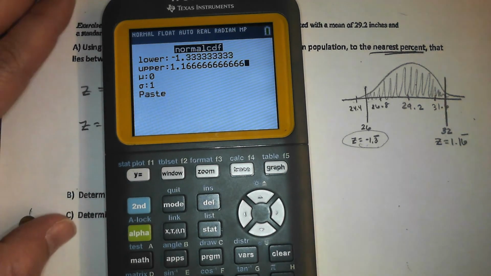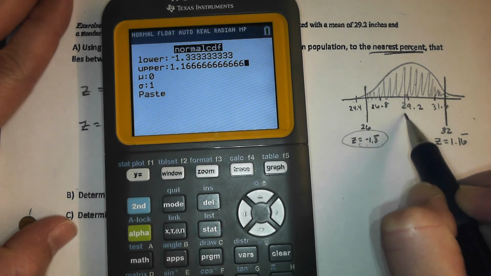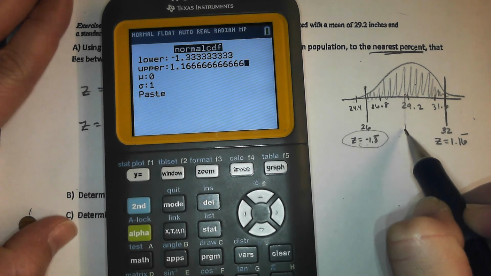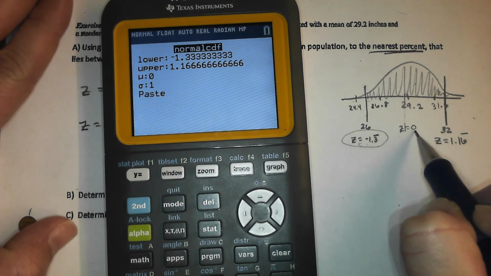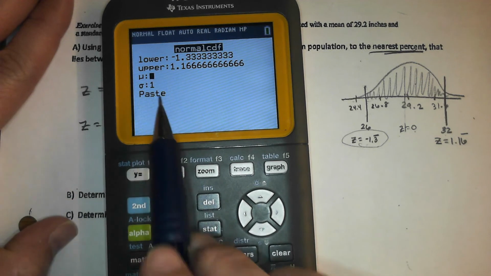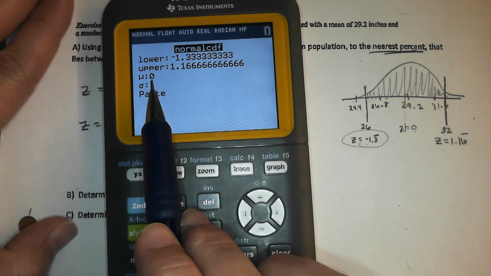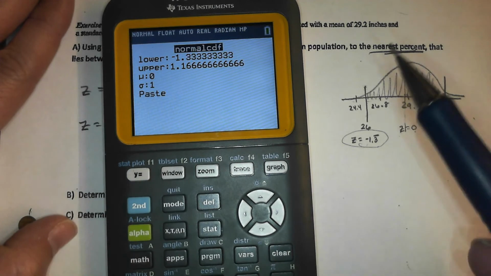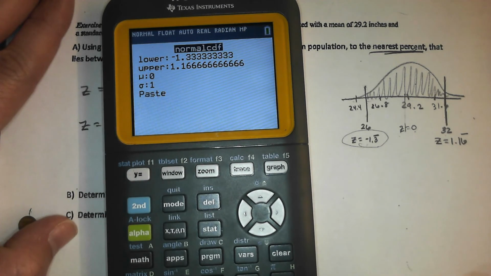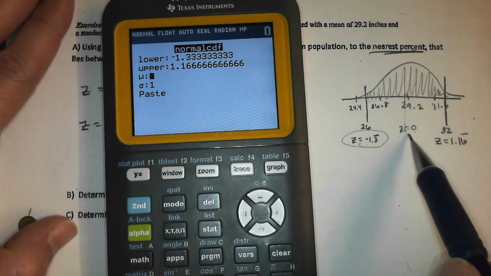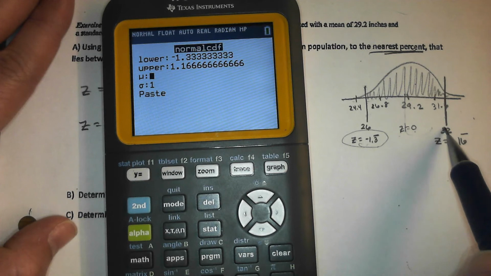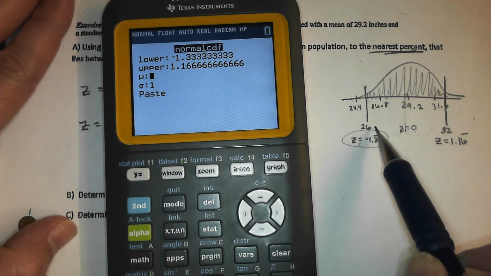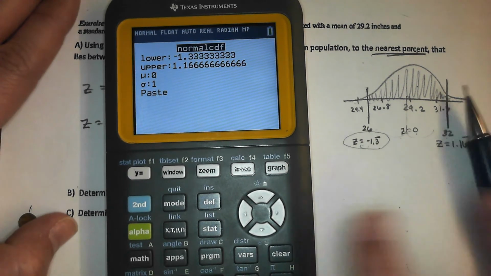In the world of z-scores, your average has a z-score of what? 0, right? So your mean is 0, and your standard deviation is 1. So 1 standard deviation, and then this is the 1.16 repeating. 1 standard deviation below, and that's the negative 1.3 repeating.